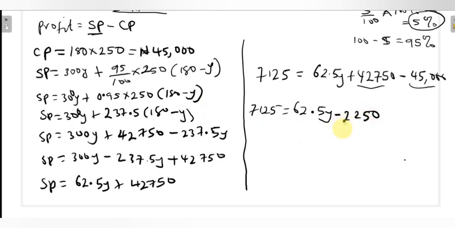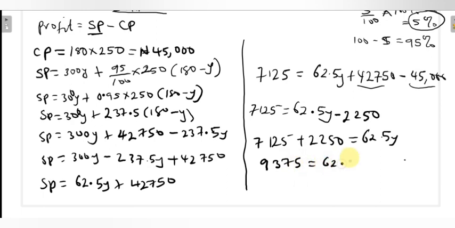So we just collect terms. I'll have 7,125 plus 2,250 is equal to 62.5Y. So I'm going to add this together. That gives me 9,375 is equal to 62.5Y.